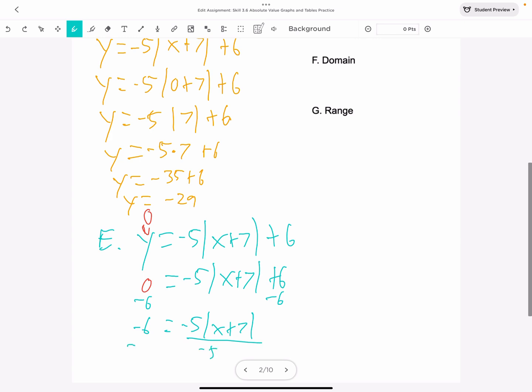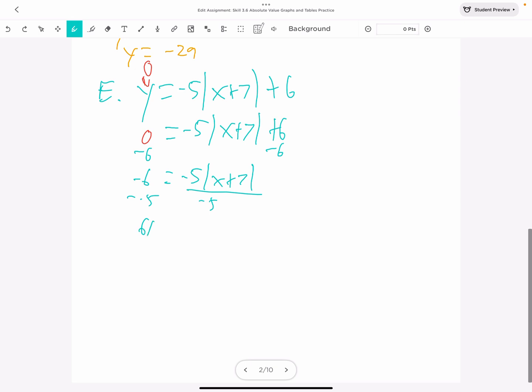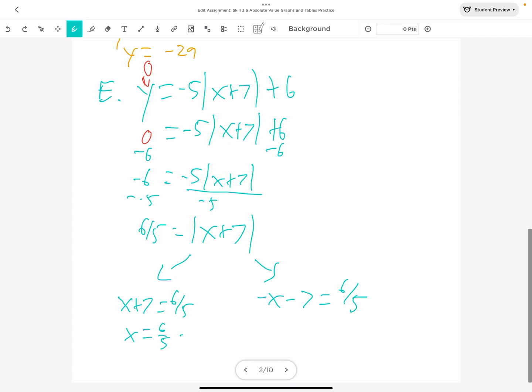Divide by -5, divide by -5. And I get 6 over 5 is equal to the absolute value of x plus 7. So this is when we split into 2. I would say x plus 7 is equal to 6 over 5, and -x minus 7 is equal to 6 over 5. This would be x is equal to 6 over 5 minus 7 over 1, which becomes 6 over 5 minus 35 over 5.